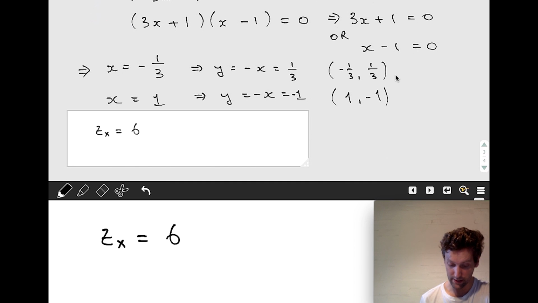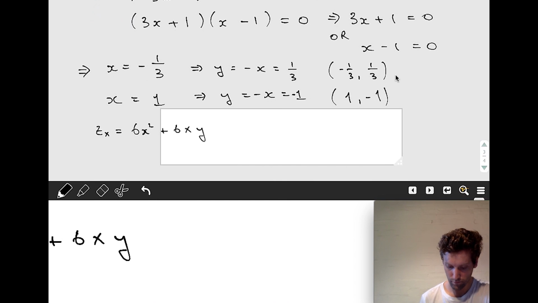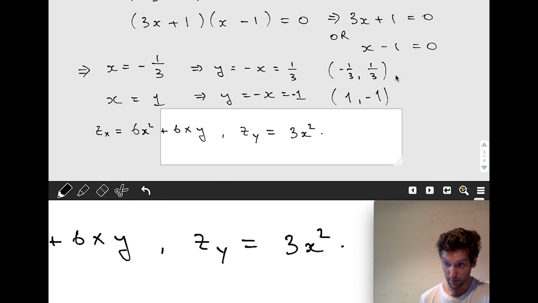We had 6x squared plus 6x times y. The y derivative was 3x squared plus 2y minus 1.